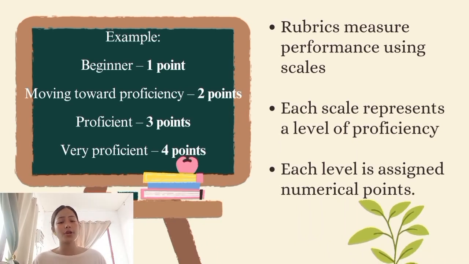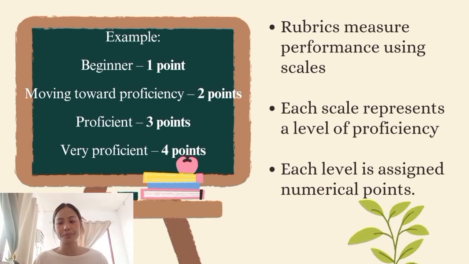Now, let us talk about quantifying rubric results. In rubrics, students' performance is measured using scales that represent different levels of proficiency. Each level is given a corresponding numerical value or point.